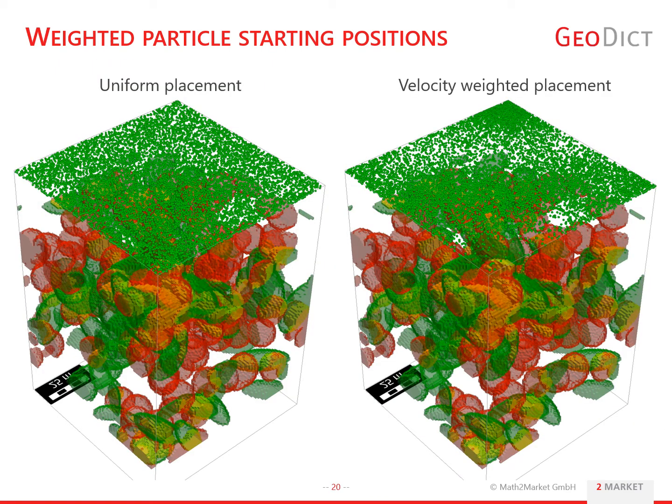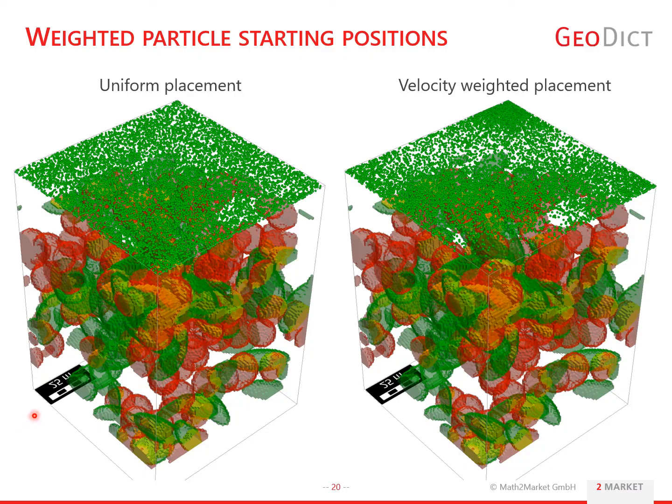Another improvement is the weighted particle starting positions. In the recent versions, we had the uniform placement of injected particles at the inlet plane as starting positions. But especially when we don't have a uniform inlet velocity, it's of course more realistic to set the weighted particle starting positions, like here on the right side, where we have set the velocity weighted placement for particles to be injected through the media.